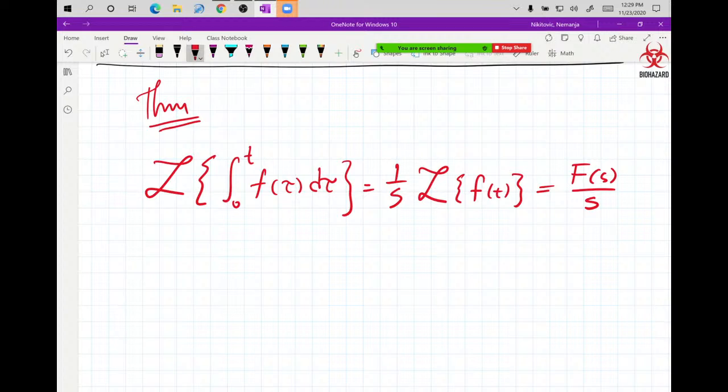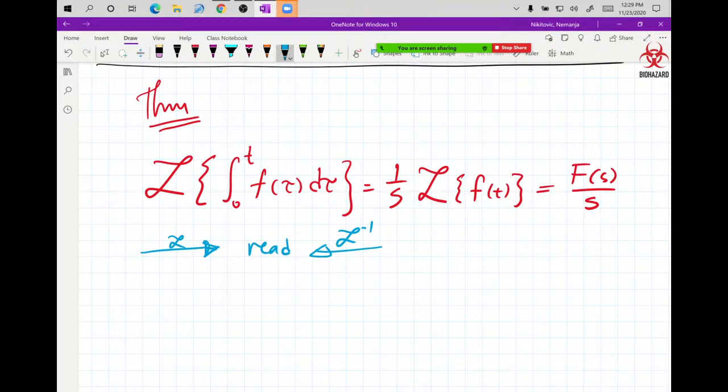And obviously, if you want the inverse Laplace, you just read it backwards, right? So reading the formula this way, it's Laplace. Reading the formula this way, it's inverse Laplace. So read the formula either way.